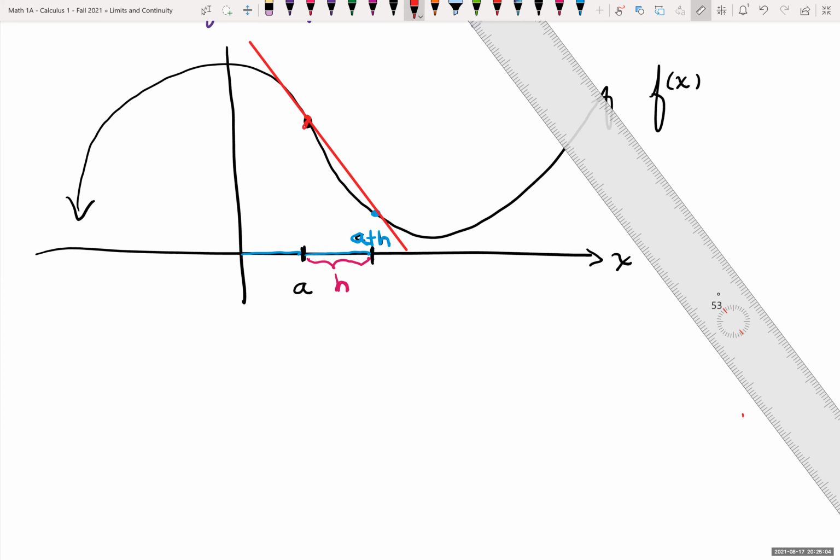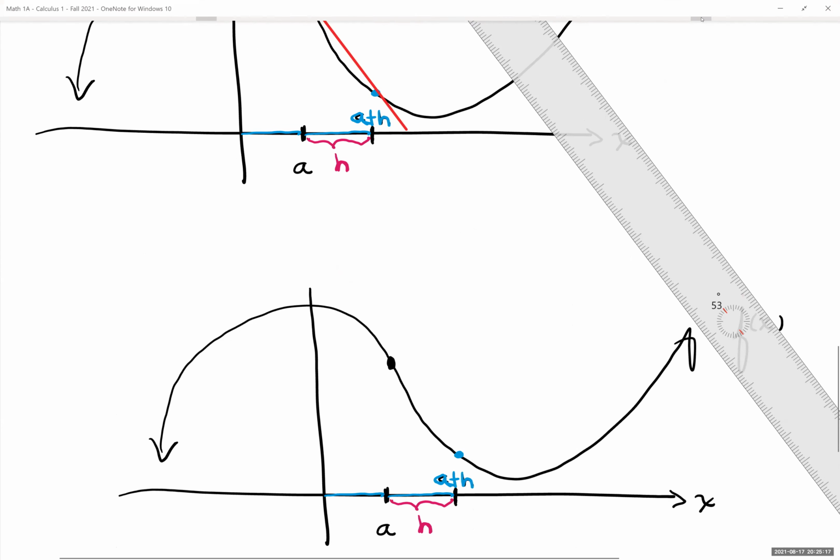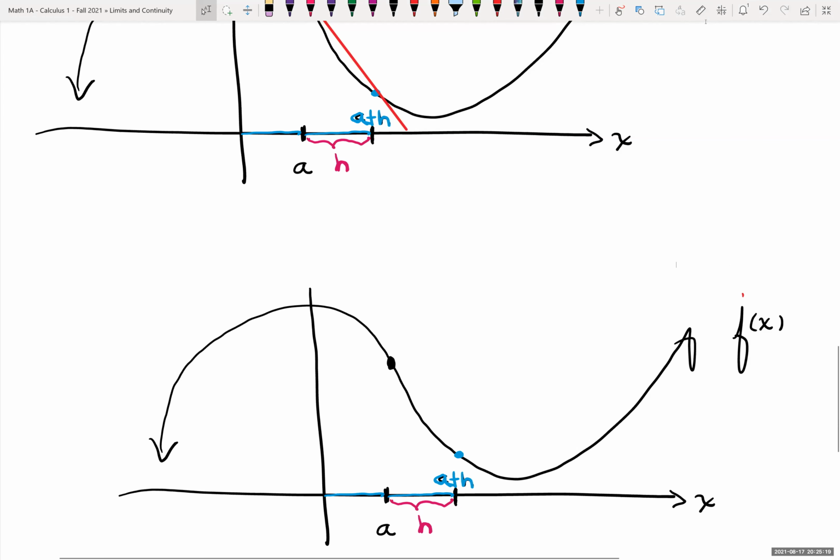So let's say instead, let me just go ahead and recopy this. Let's say instead, I don't make h go over that far.